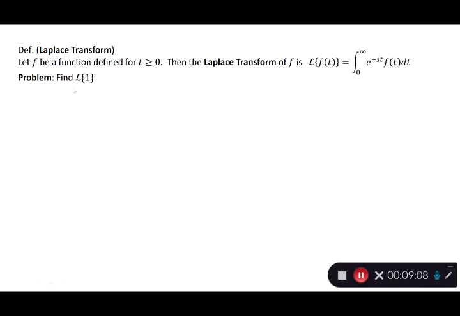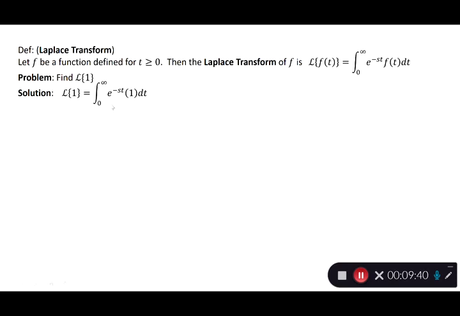Now, when I ask you Laplace of 1, immediately what should you think? Oh, you mean f of t is equal to 1. Yeah, I'm saying f of t is 1. So plug f of t into the integral. Is that what you thought? If you did, that's exactly the idea. So the solution is: wherever you see f of t, you just plug in 1.